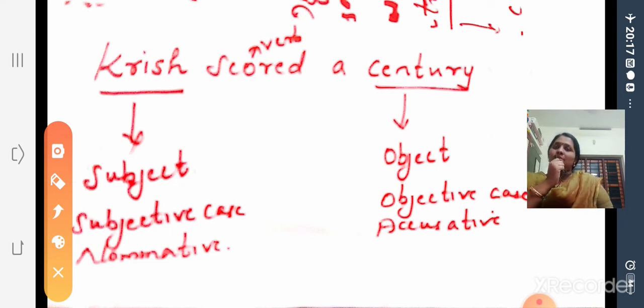Krish scored a century. So Krish is the subject of that sentence. So that is in the subjective case or nominative case. And century. What did Krish score? A century. So century is the object of the sentence. So that is an objective case or accusative case. Okay.